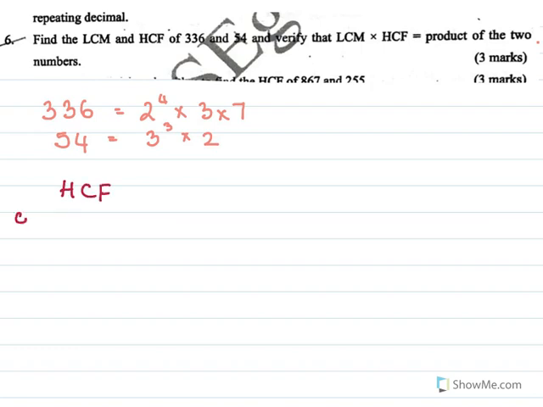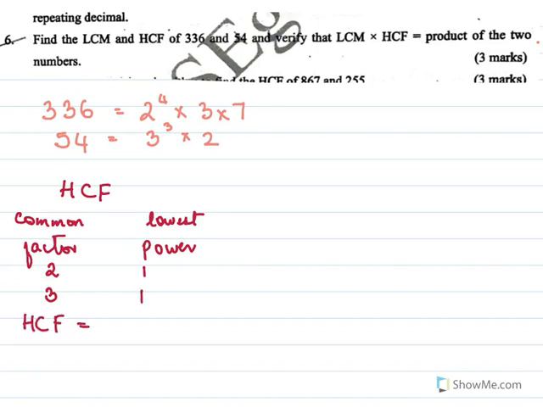So to find the HCF, we do common factor, and the common factors are 2 and 3 and the lowest power. Of 2 is 1, of 3 also is 1. So HCF equal 2 raised to 1, 3 raised to 1, which is 6.